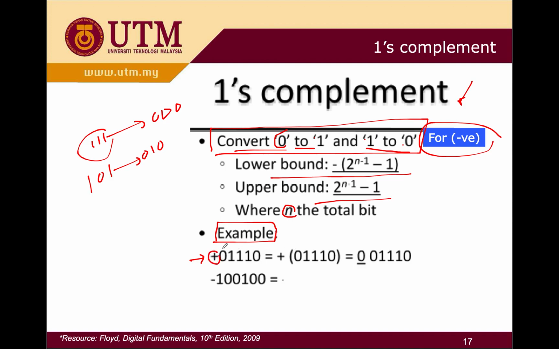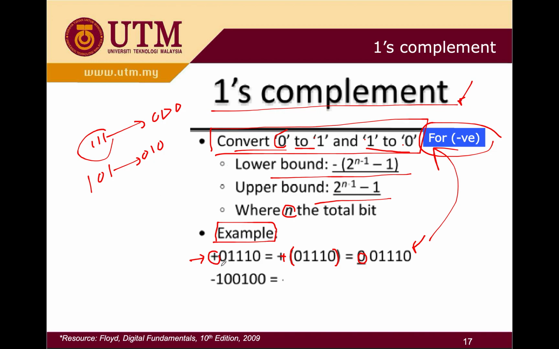So you will put it like this and positive over here, and you will add 0 here as a positive number. You can see you're not going to apply this one as this is a positive number for first complement.